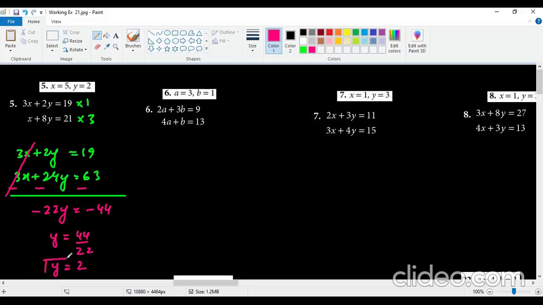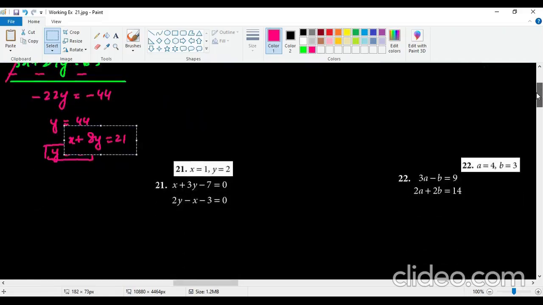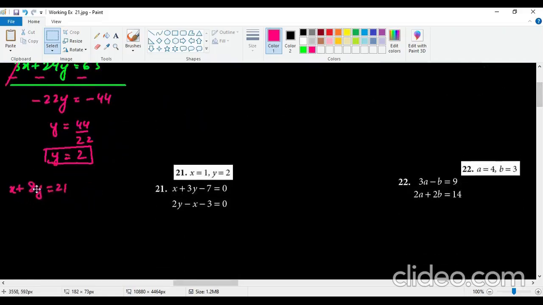Taking any equation you feel like, x plus 8y equals 21 is the equation. I will bring this a little down here somewhere, and I will rewrite this equation once again to find the value of x.